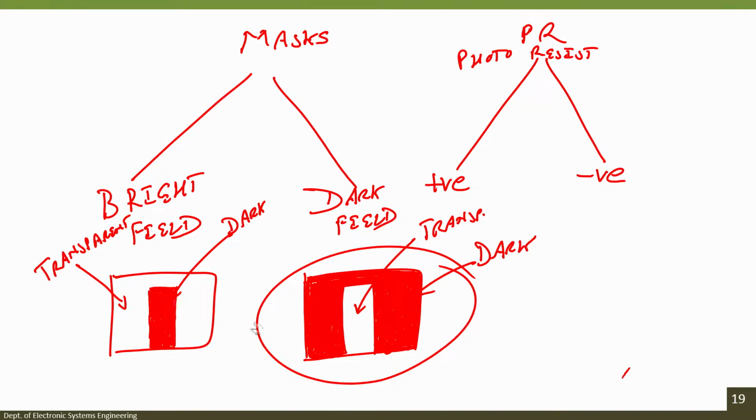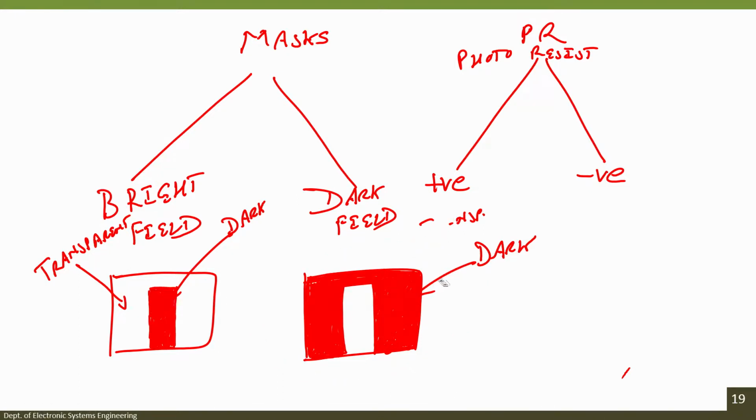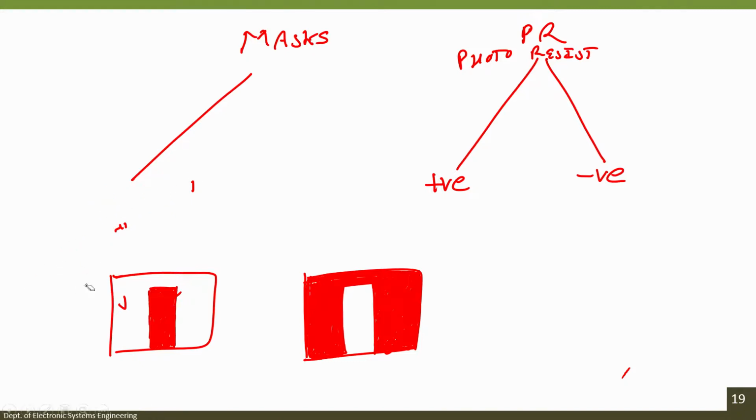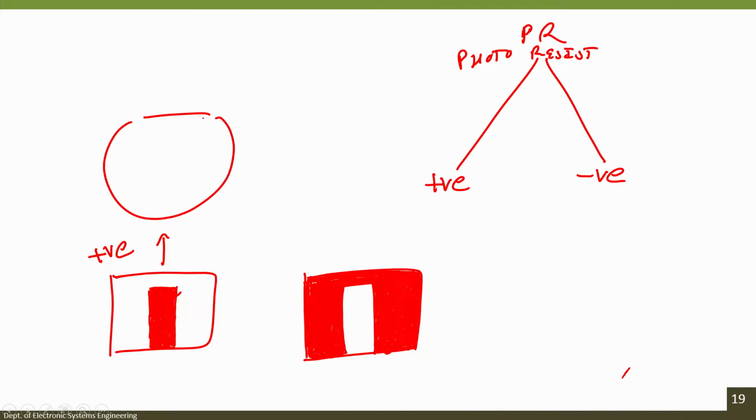Now, let us understand one more thing. If I use a bright field mask, and I am using a positive photoresist, then my silicon wafer will have a similar pattern.